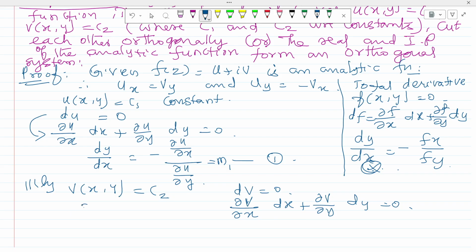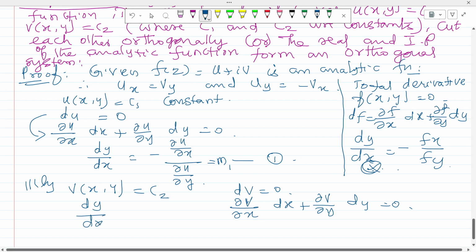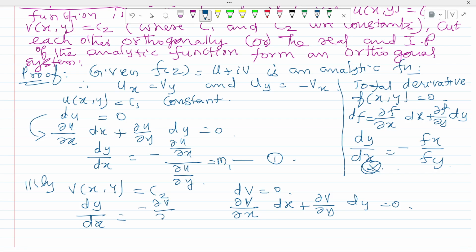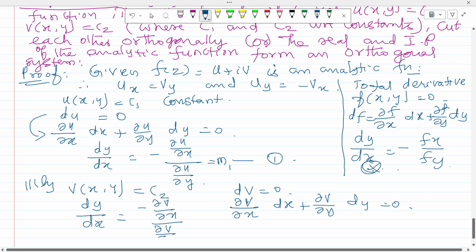Therefore, here also we get dy by dx, which is minus dou v by dou x divided by dou v by dou y.